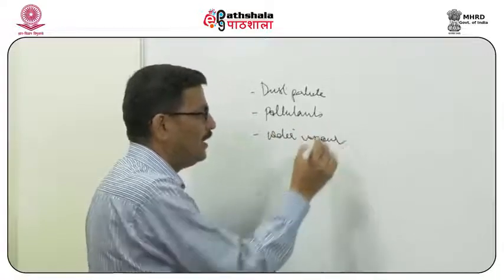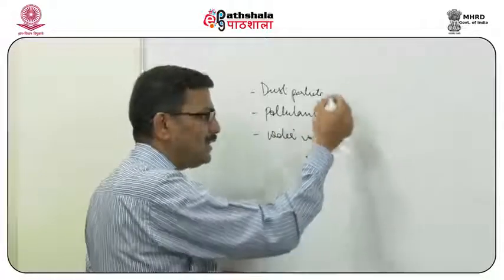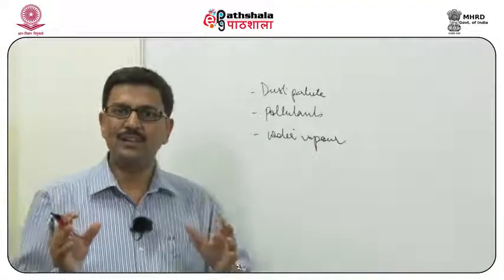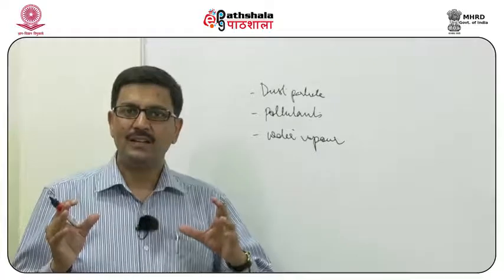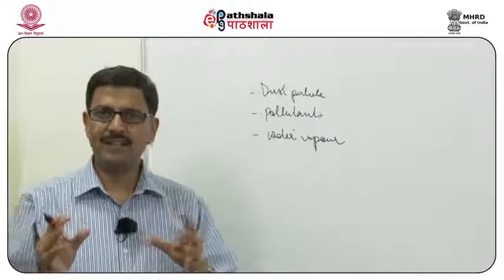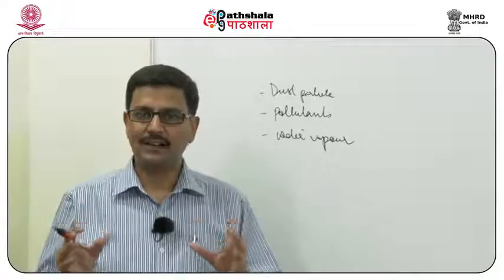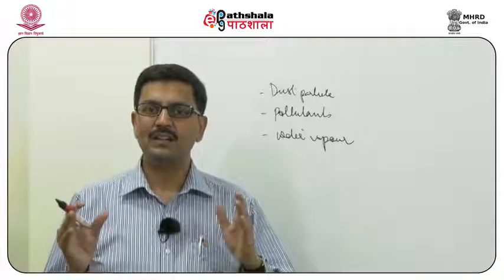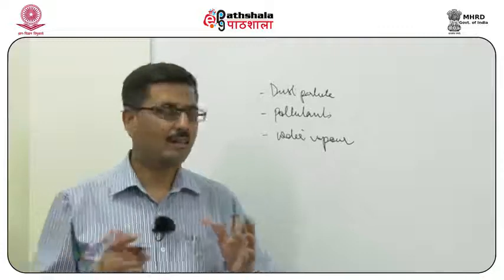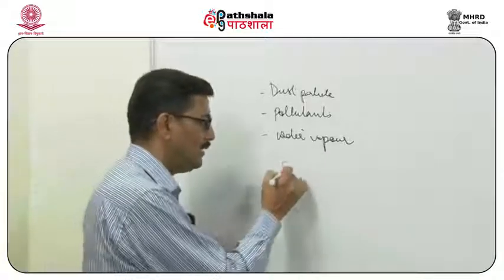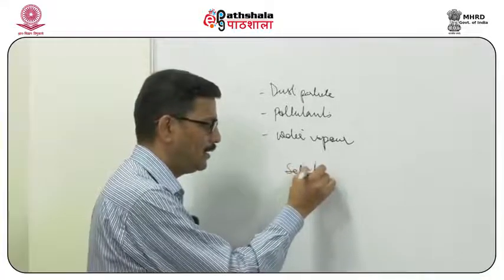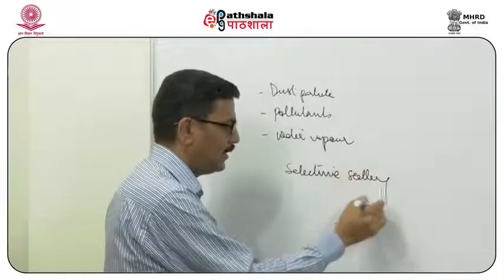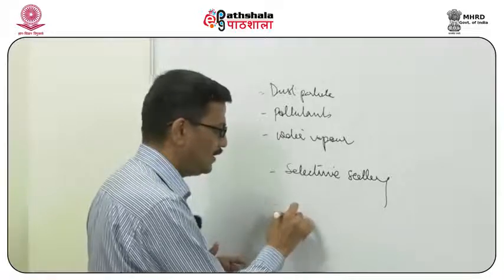When the sun's energy strikes all these atmospheric features, it scatters. The scattering of the sun's energy from the atmosphere takes place in two ways. One is called selective scattering, and another is called non-selective.